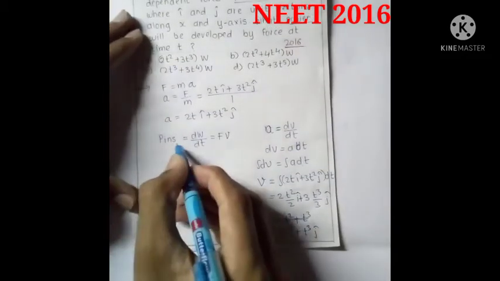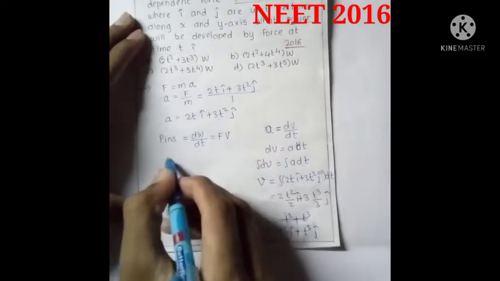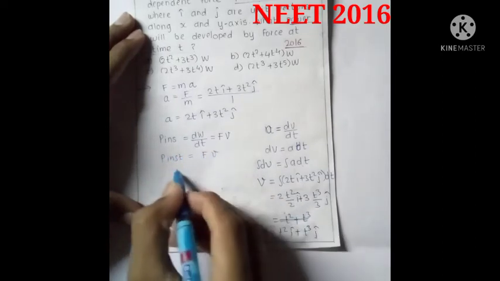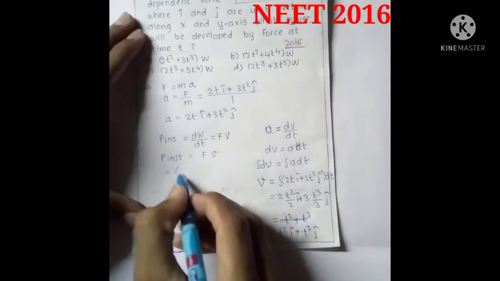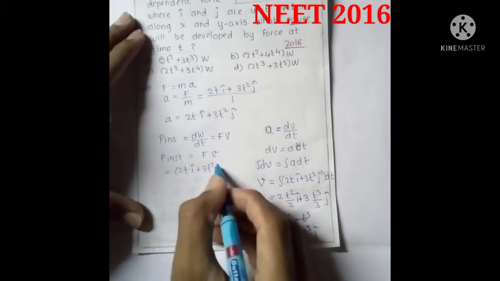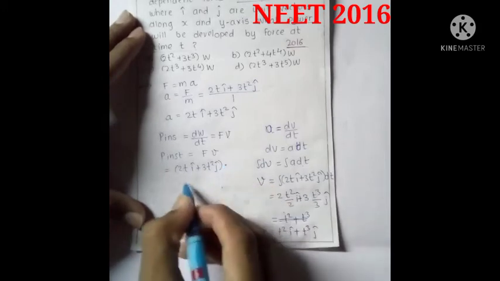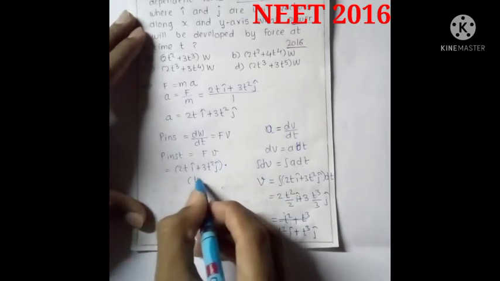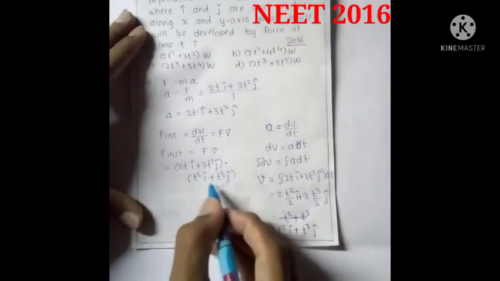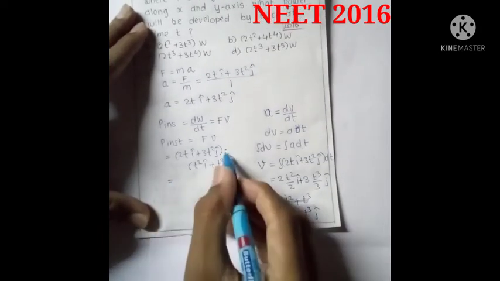So we can calculate instantaneous power using this formula. Instantaneous power is force dot velocity. Force is 2t i cap + 3t² j cap, dot velocity is t² i cap + t³ j cap. We know the dot product.